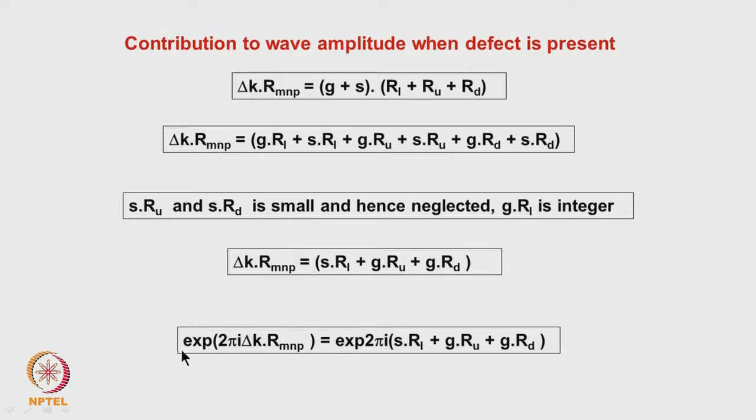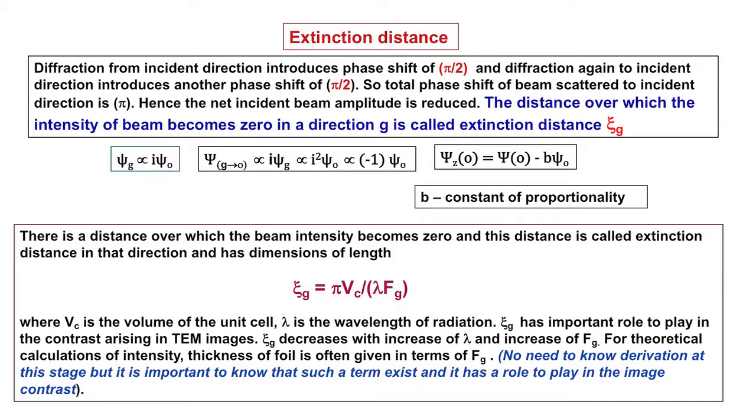Now for the intensity we have to write it as an exponential expression. If you try to write it, you can see that the 2 pi terms come together, and this term is with respect to a unit cell. If you take the summation over RU, what does this term turn out to be?